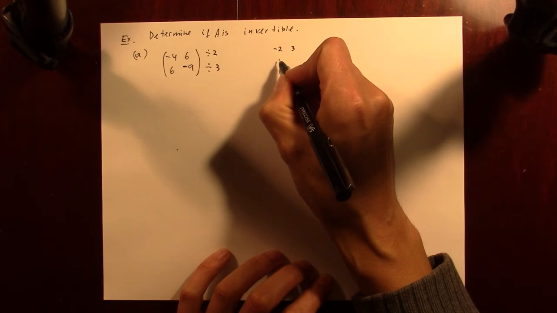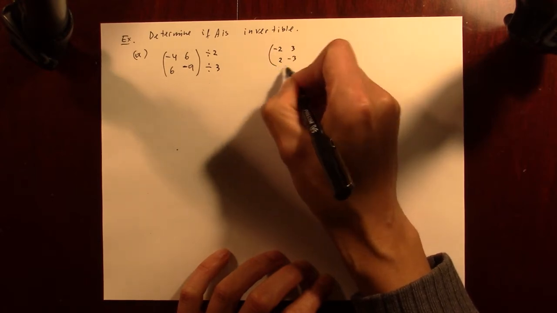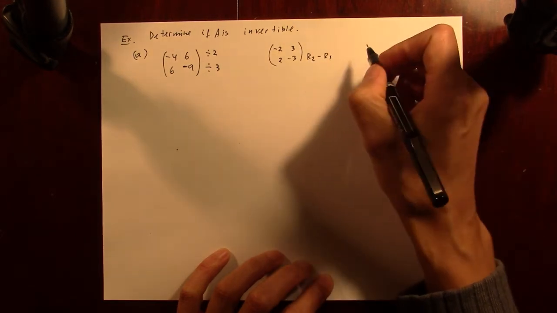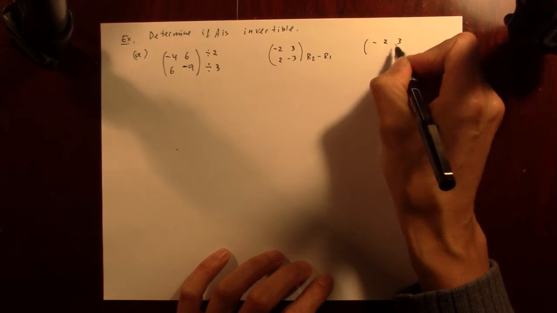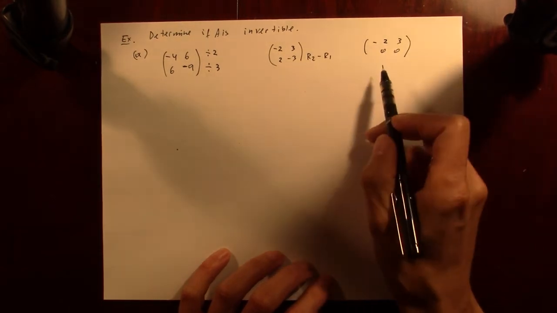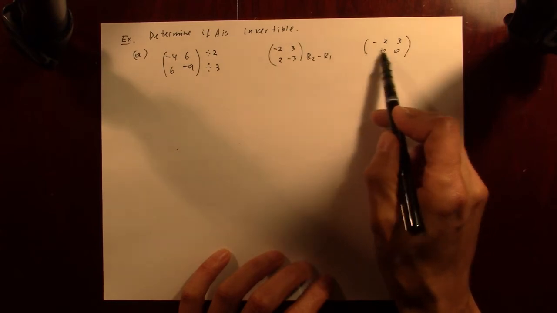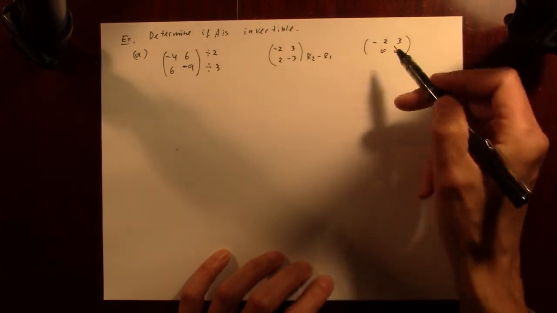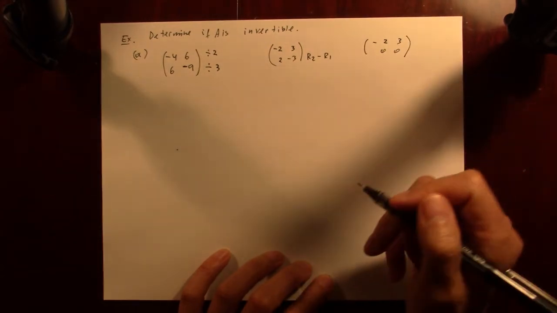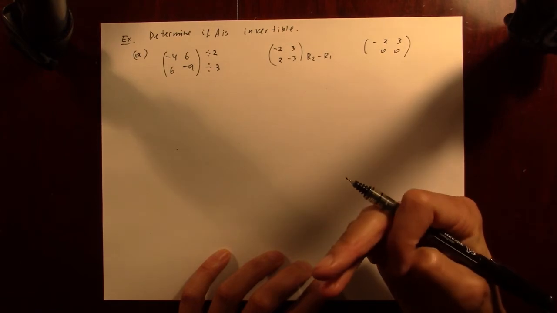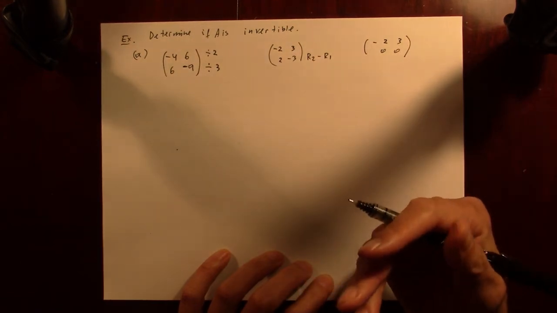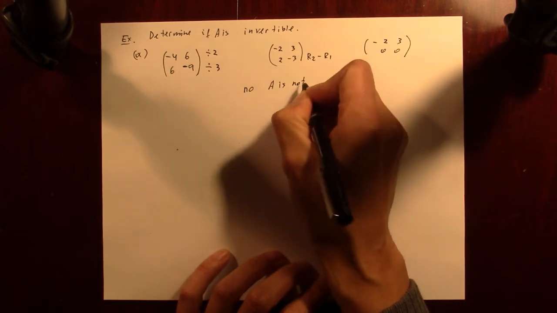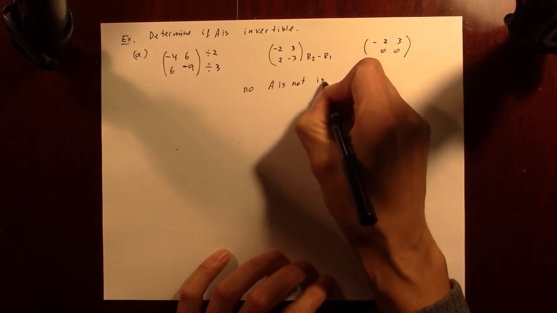Dividing by 3, we're going to get 2 and negative 3. Then we do row 2 minus row 1. So we're going to get negative 2, 3, 0, 0. From here we see that we cannot get a pivot in row 2, and we cannot get a pivot in column 2. So it's not going to be row equivalent to the identity matrix. So no, A is not invertible.